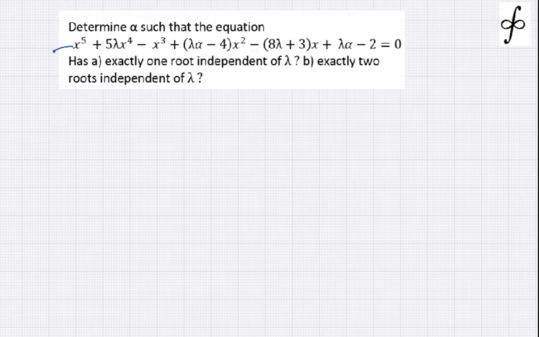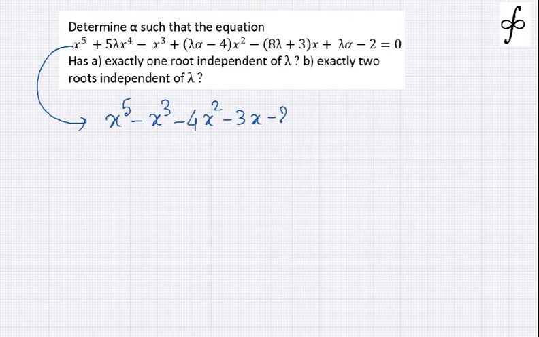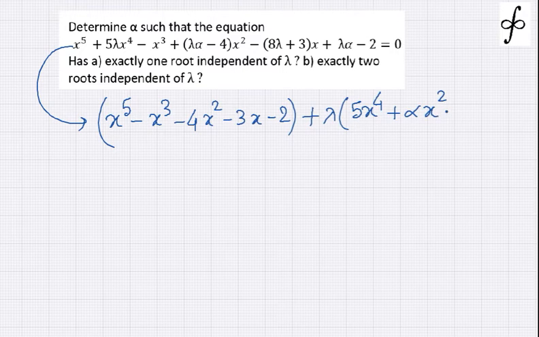First of all, since the question is talking about independence related to lambda, we can first separate out that lambda part. We can write the equation as x^5 - x^3 - 4x^2 - 3x - 2, which is the part devoid of lambda, plus, taking lambda common, the rest becomes λ(5x^4 + αx^2 - 8x + α) = 0.